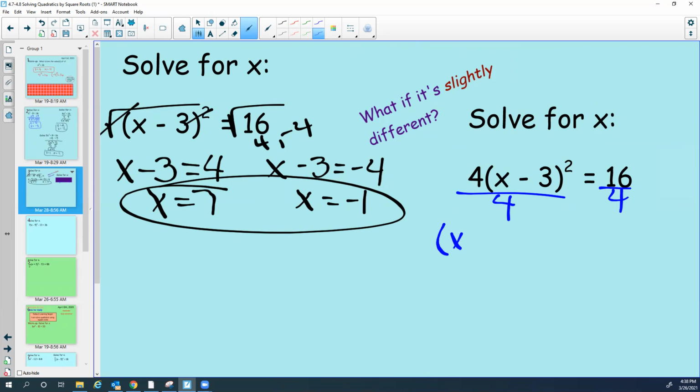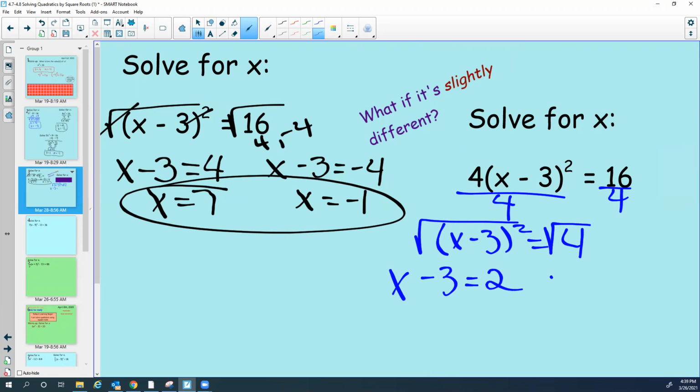So I get x minus 3 squared equals 4 now. And now I can take the square root of both sides. X minus 3 equals 2. X minus 3 equals negative 2. I get x equals 5 on the left equation. I get x equals 1 on the right equation.